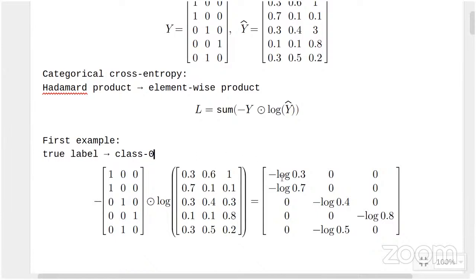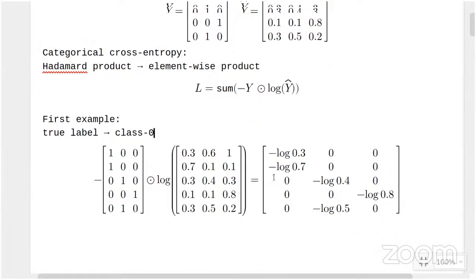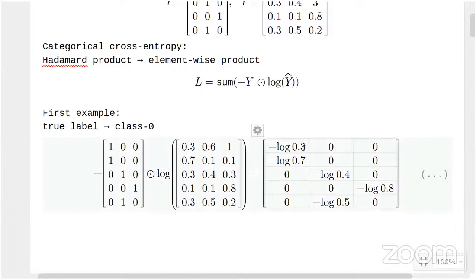Now, what is the contribution of the first example to the loss? It is minus log 0.3, right?